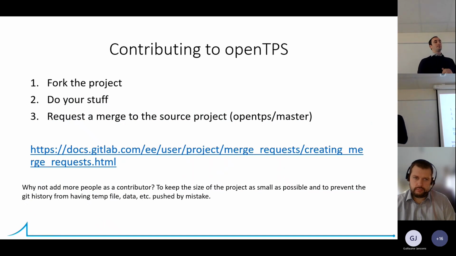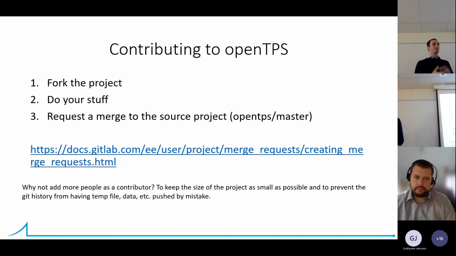For people who would like to develop in OpenTPS, but let's say we are not in a close collaboration, or they are just investigating, they don't know exactly what they will do. It's not a very clear idea. The best way is clearly to fork the project.